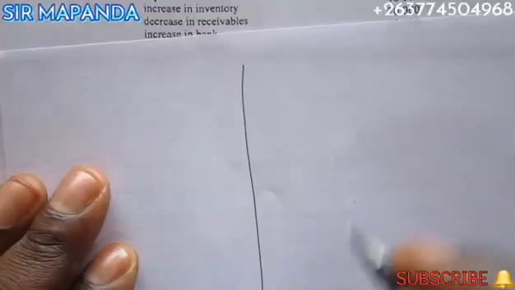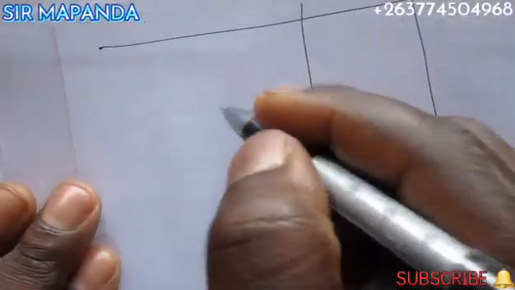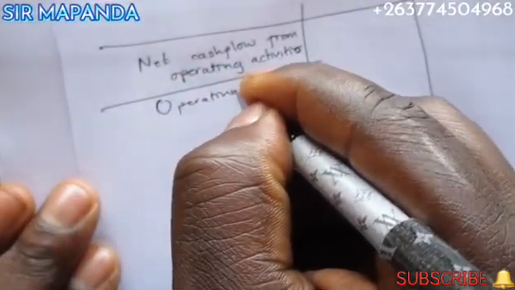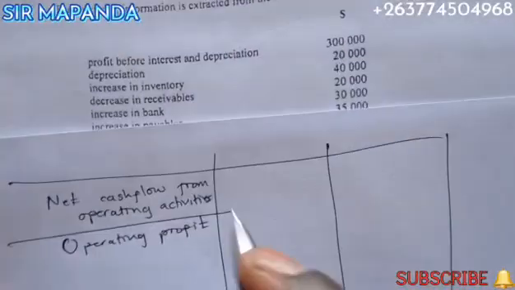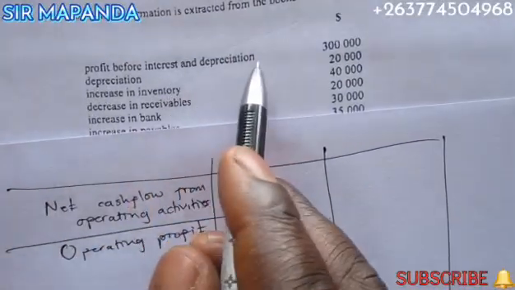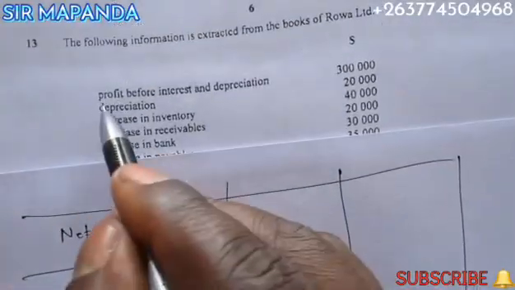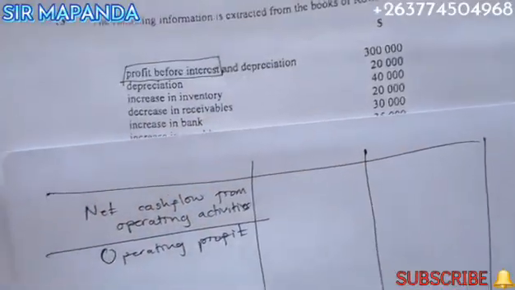So what you need to do here is prepare the cash flow statement first. Start with operating profit. Here we are given profit before interest and depreciation. Operating profit includes profit before interest alone, but after charging depreciation.